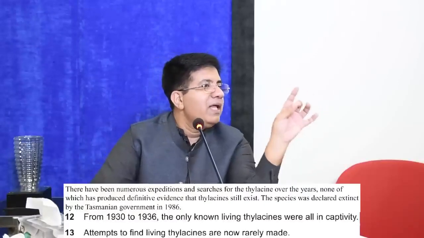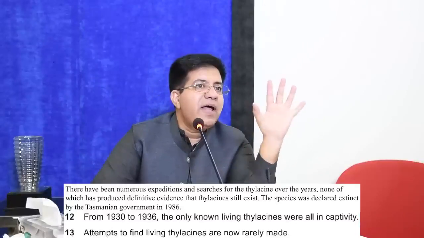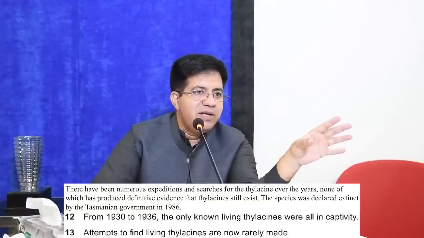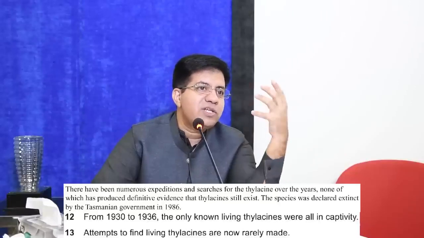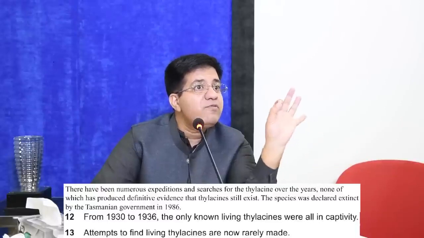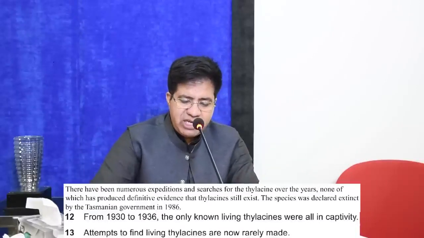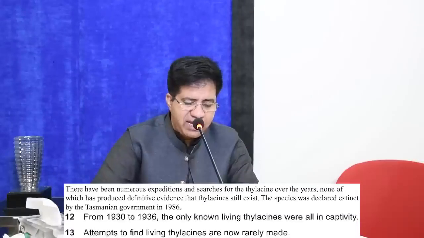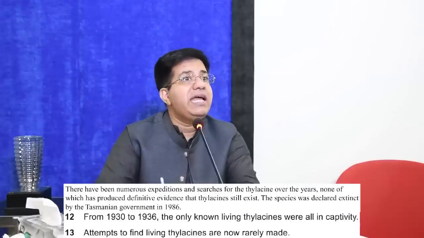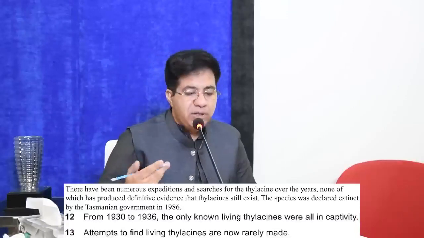Now listen, you guys know dinosaur is extinct. Now, are there any scientists who are searching for dinosaurs on planet Earth? No, because it is confirmed extinct. So they say here, the species was declared extinct by Tasmanian government in 1986. When something becomes extinct, then why will people go and find it?